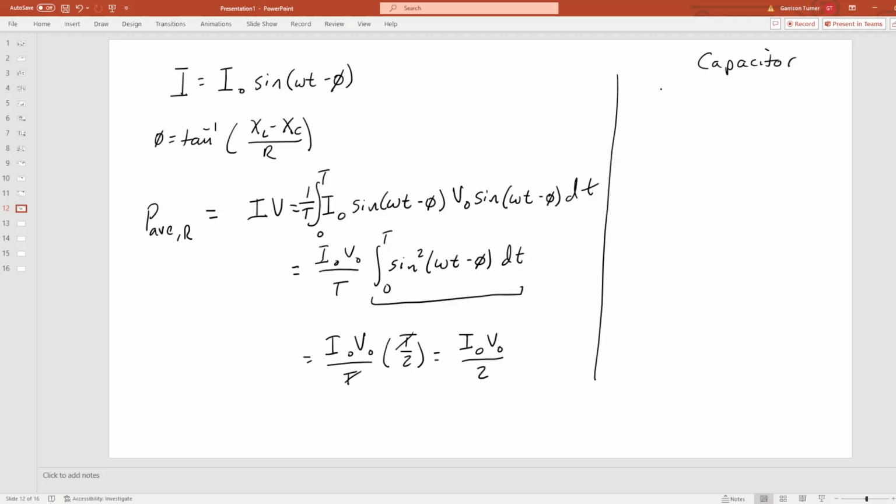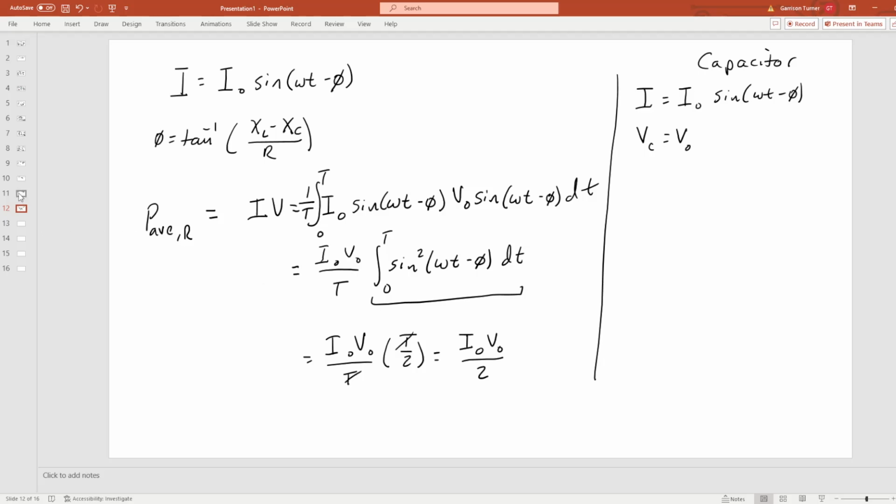So I is going to equal I naught sine of omega t minus phi, and my voltage across the capacitor would be the cosine of this.